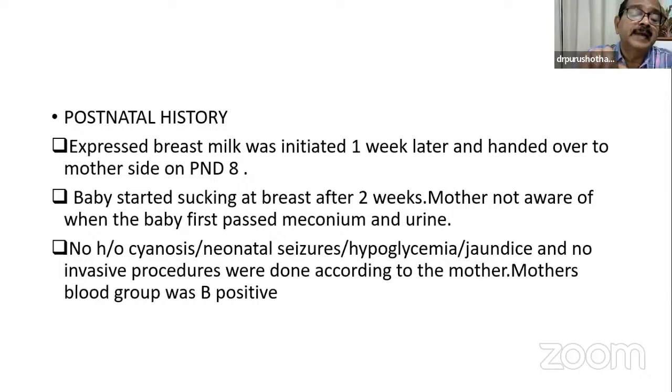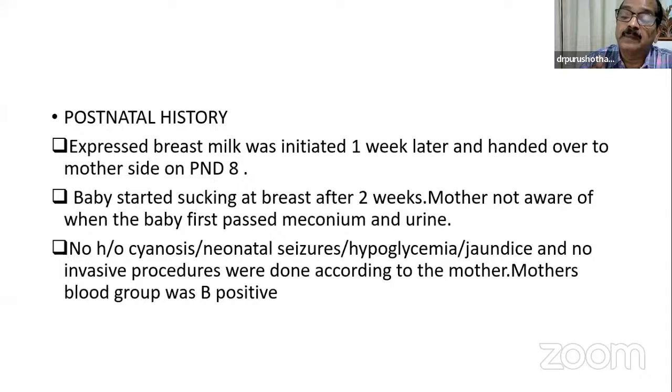Rather than giving a list of no's, no cyanosis, no neonatal seizures, much better will be the other way, because whether there was an HIE situation on day one, that would have been much better. Here, you told about the admissions and the feeding problems and the respiratory distress.